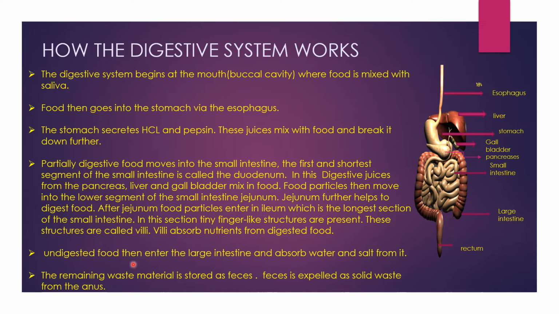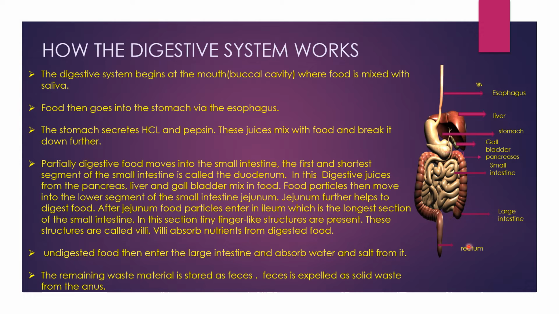Now, undigested food then enters the large intestine, which absorbs water and salt from it. After the small intestine, food will enter the large intestine. Here mainly water and salt will be absorbed from the food. At last, the remaining waste material is stored as feces.